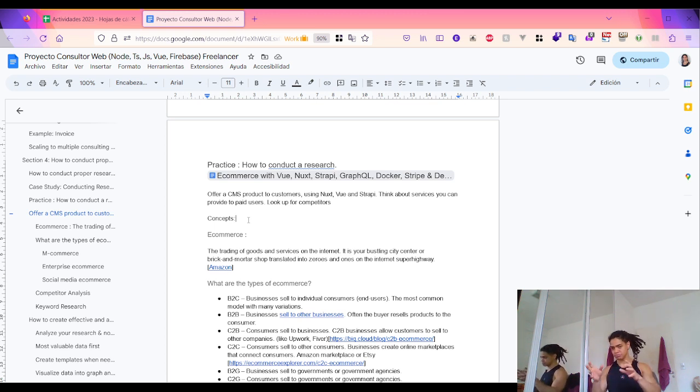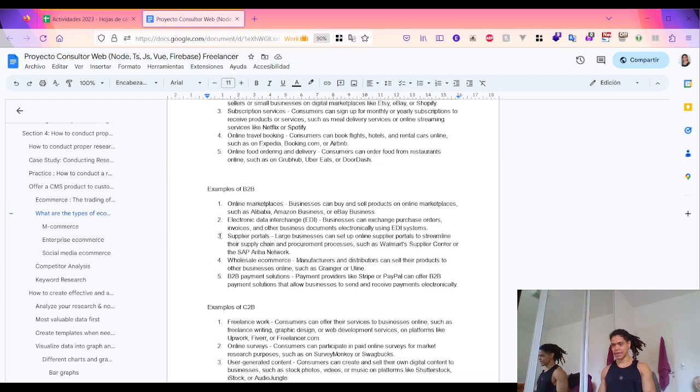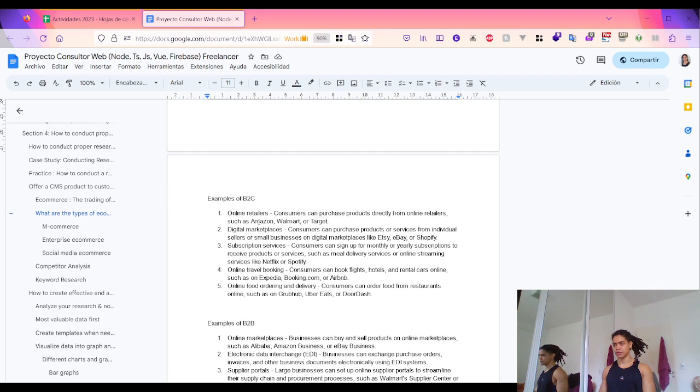So yeah, these are a couple of examples. And online travel and booking, such as Booking.com, Airbnb, Expedia. I barely travel, but that's another thing.